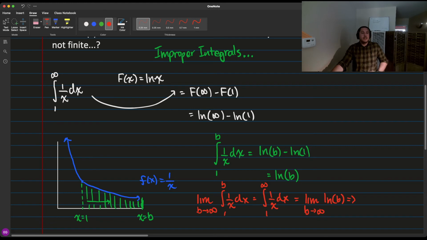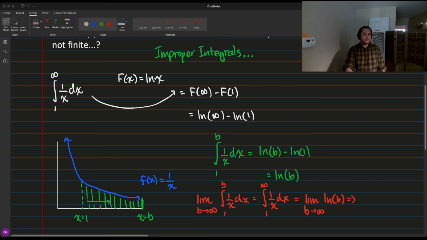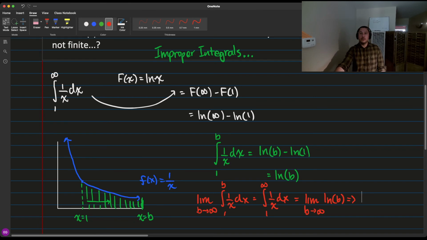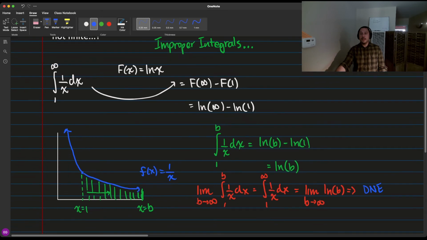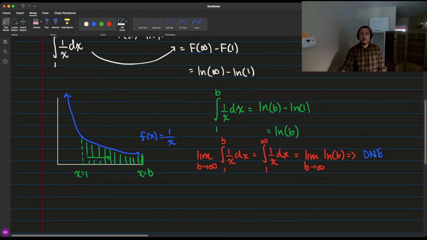It is undefined. What do we call it when you get an undefined value like that for the limit? It does not exist. Okay, so you get two cases.